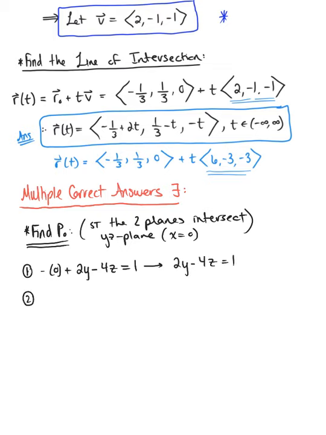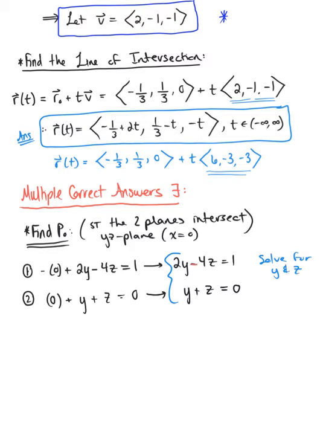And plane number 2 is going to become 0 plus y plus z equals 0, leaving us with the equation of two variables, y plus z equals 0. So we have a new system of equations with two variables, and we can use this to solve for y and z. How you solve this is up to you.